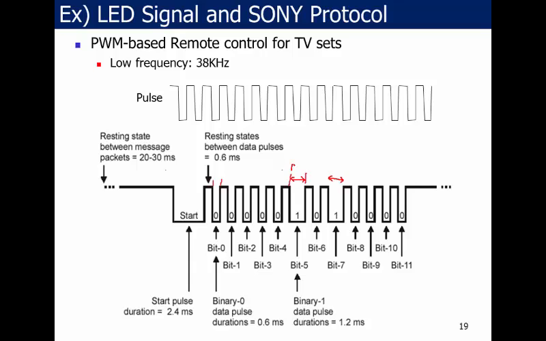Therefore, width increased. By looking at this increment, we can say, oh, that is number 1. All others are 0. Some more modulation. There's a start, so that we know this is a starting point.